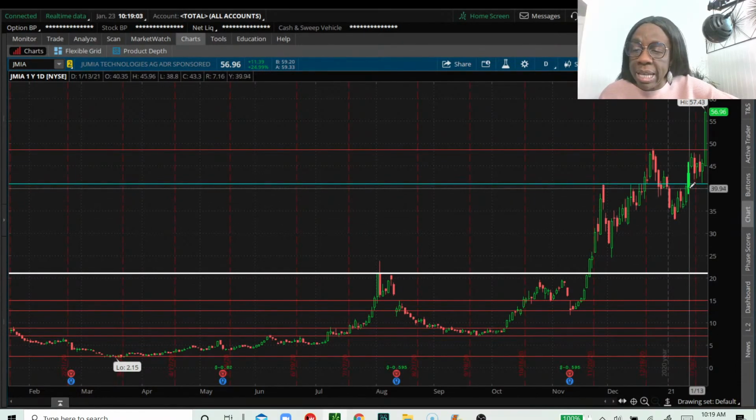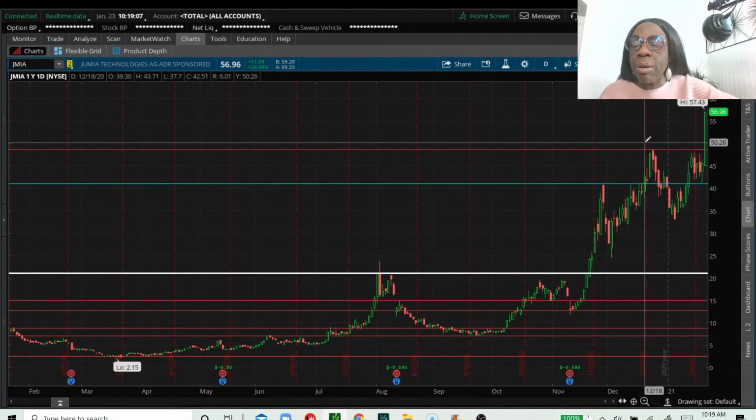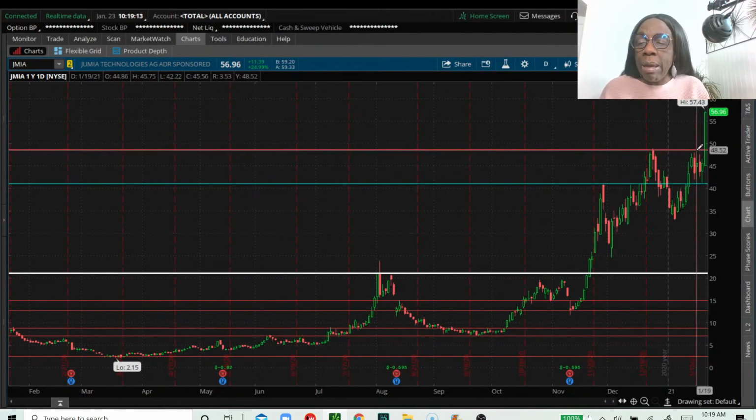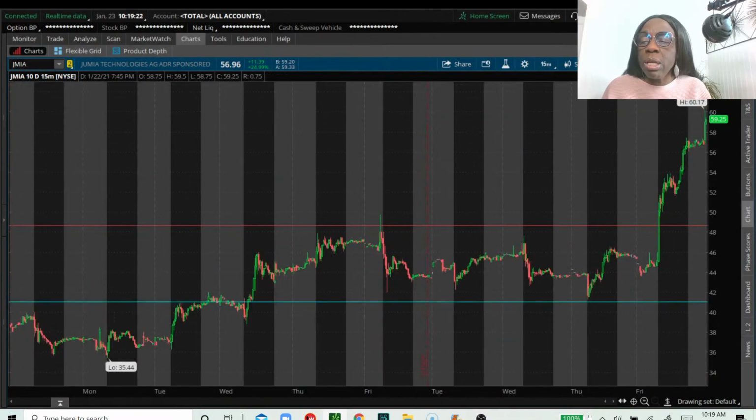So on this day with this candle, price action ran up and we have another level here. Now, if I've already been in this trade for some time, but if I was wanting to enter this trade, I would have my levels right here. And I would go down to a smaller time frame.